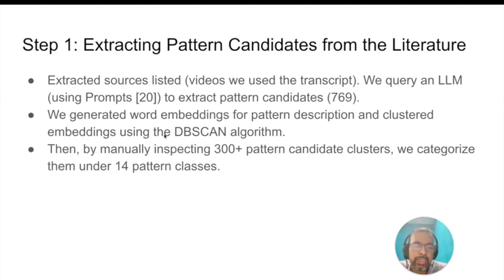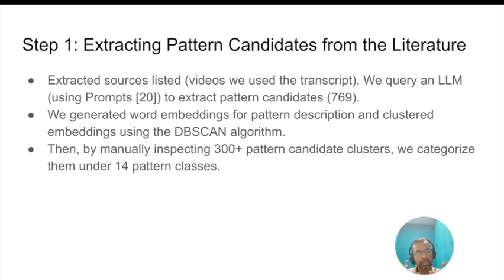Okay, so the first step is we selected 20 papers, articles, practitioner sources, etc. that propose AI patterns. Then for each of them, we use an LLM to extract pattern candidates from the text. You can find the prompt link in the paper.